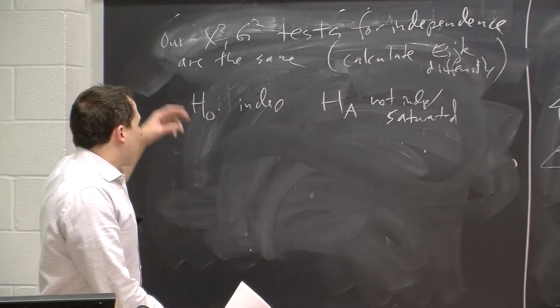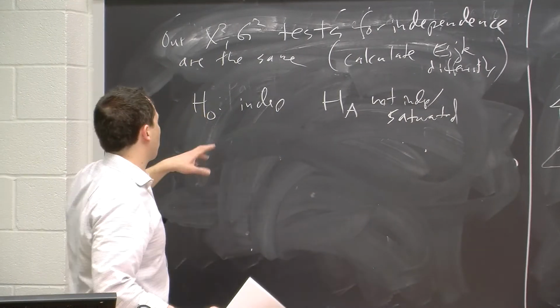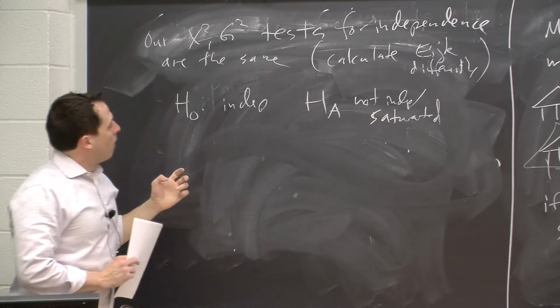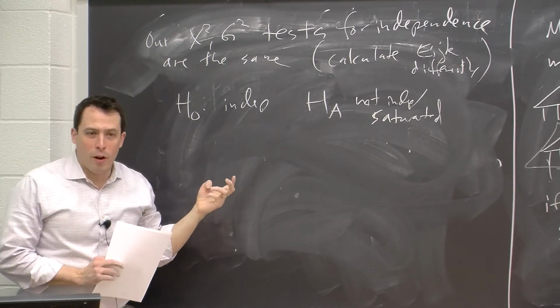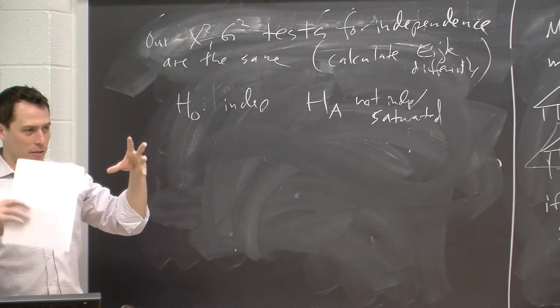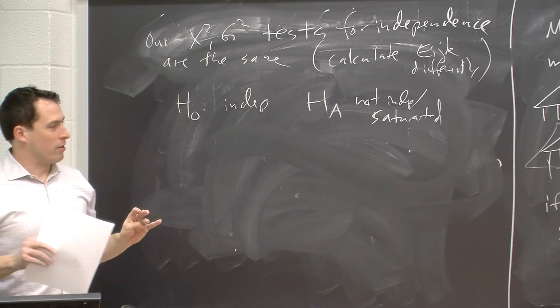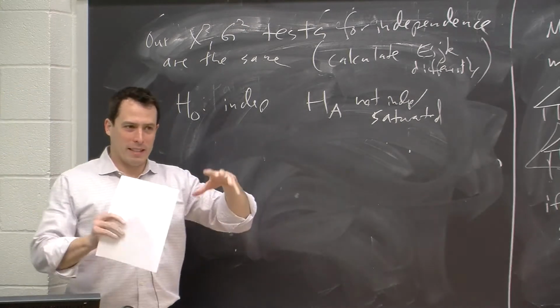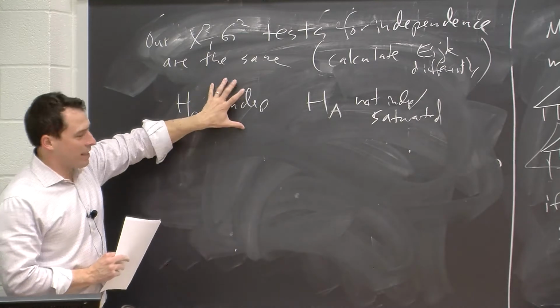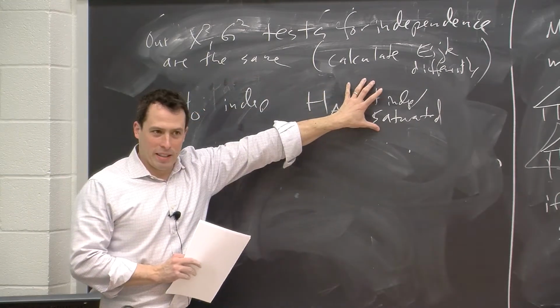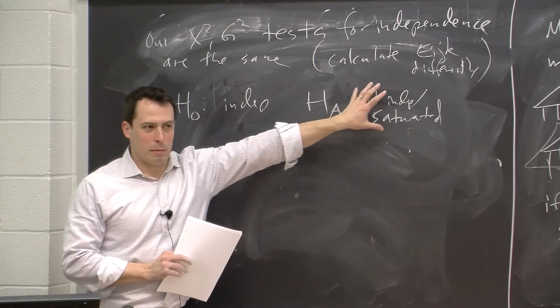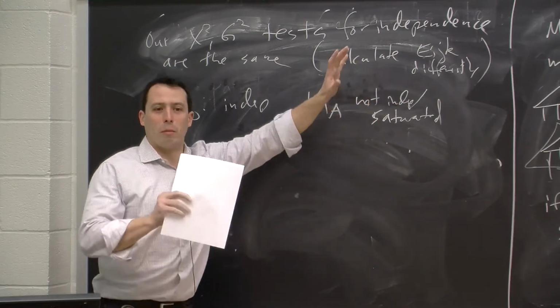And so I want to note something here, which is, as you remember from your homework where you had to draw this picture of the simplex and the independent surface in the 2x2 case sitting inside the simplex, really this thing is a subset of this, right? These models are contained in the saturated model, which is the full simplex.